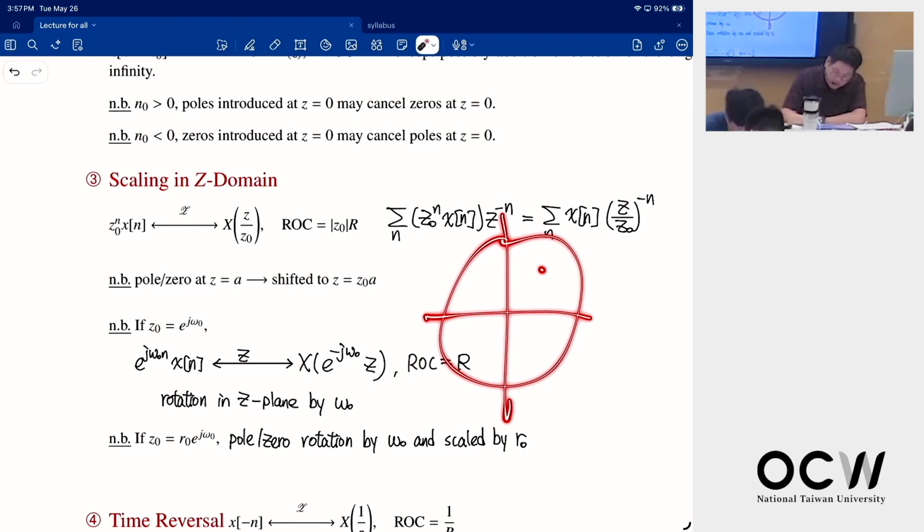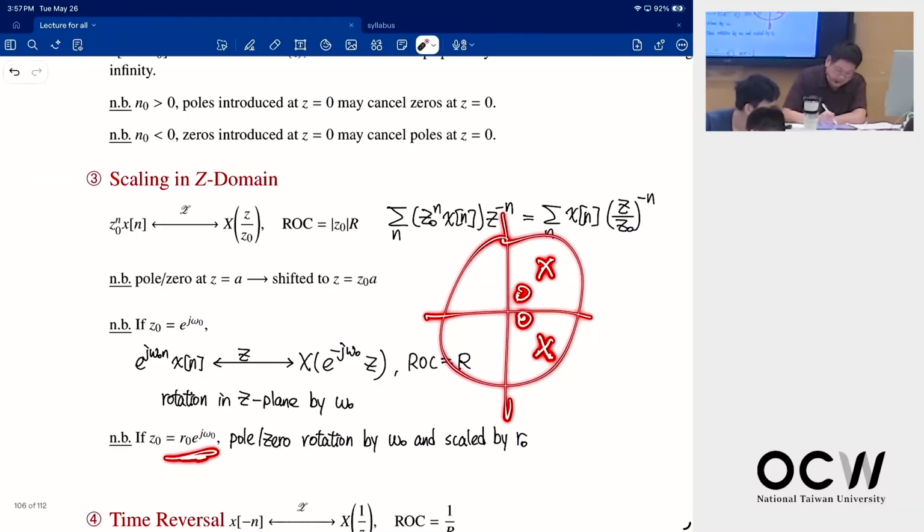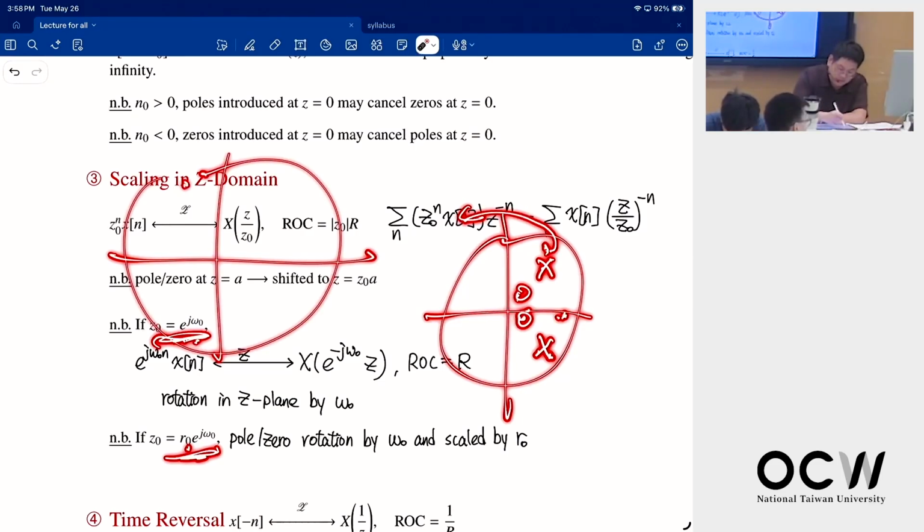If I have, for example, poles or maybe zeros, and I scale by this, it is not just a rotation. If we don't have r naught, this just rotates. For example, they will rotate to here, maybe to here, and the zeros.